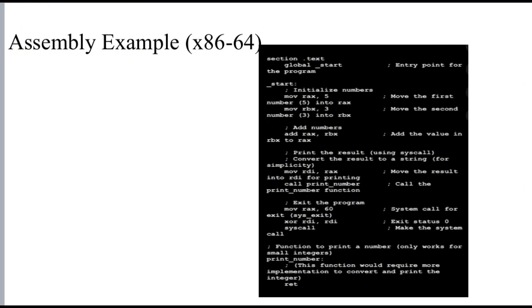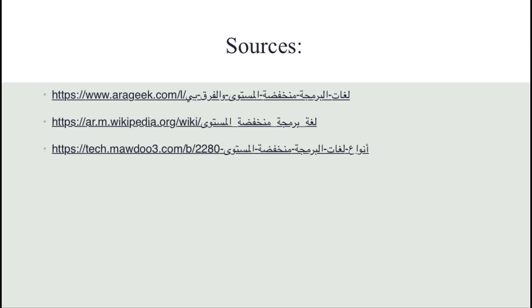It directly manipulates hardware and uses registers, which provides more control but is less portable. To run the assembly code, you would need to complete the print number function and follow similar steps for assembling and executing it as shown in previous examples.